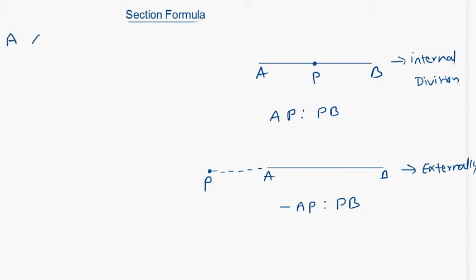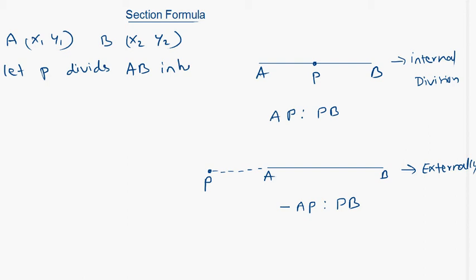Let the coordinates of A be x1, y1, and the coordinates of B be x2, y2, and let P divide the line joining AB in the ratio L is to M. That part is L, and let this part be M. So the point P is dividing AB in the ratio L is to M.